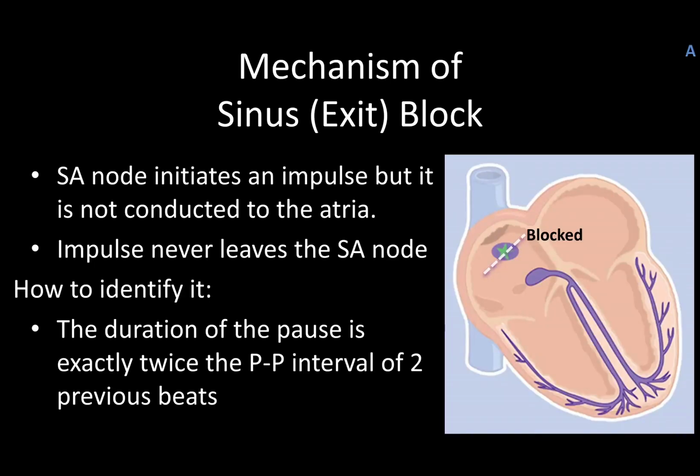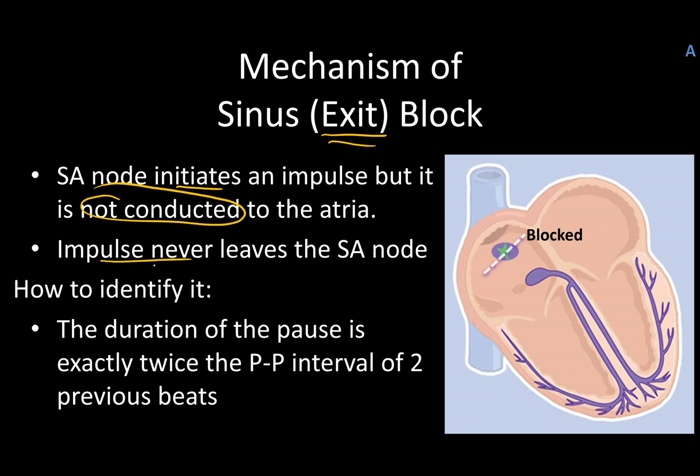Sinus exit block. What is it? Well, frequently we just call it sinus block. We don't always add the exit. But what it means is the sinus node initiates the impulse. So the sinus node is doing its job. It's making a beat at a regular interval. What makes this unique is, for whatever reason, that impulse is not conducted.